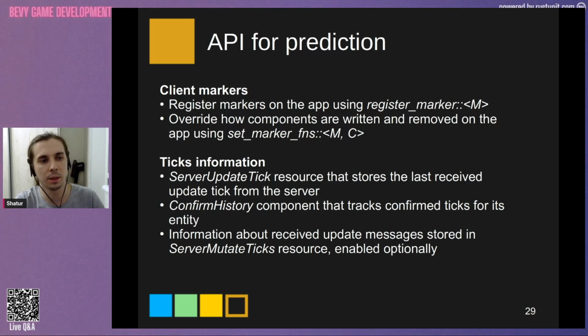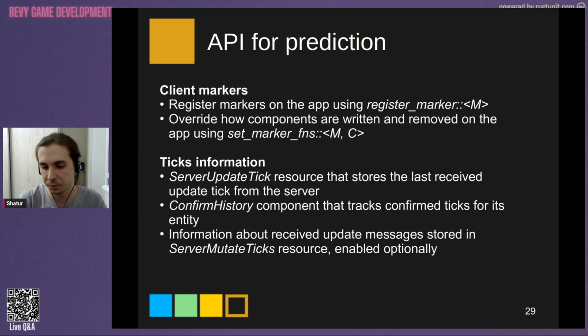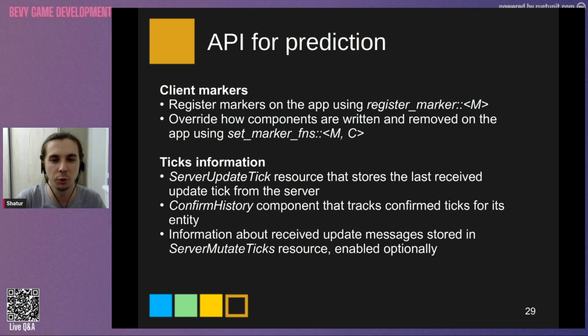We also provide extra information that is also important for prediction. It's optional. You can disable some of this functionality, because if you don't care about prediction, it would be a bit more costly to track this information.